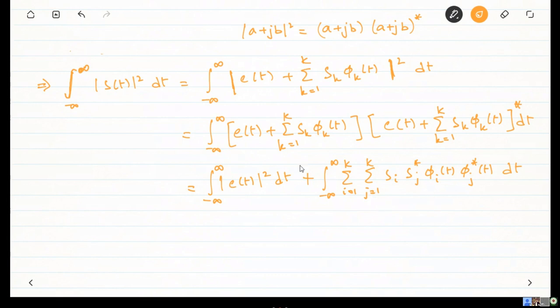Fine. So now we have got these two terms, plus what will be the other two terms?